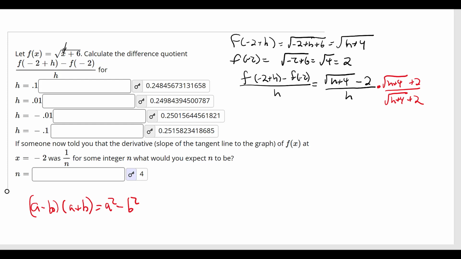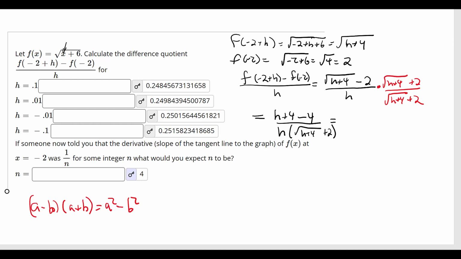Okay, so square root of h plus 4 times square root of h plus 4 is just h plus 4. So it's that first term squared minus the second term squared. The second term is 2 times 2, so we get a 4, all over h times, I can leave this factored, the square root of h plus 4 plus 2.